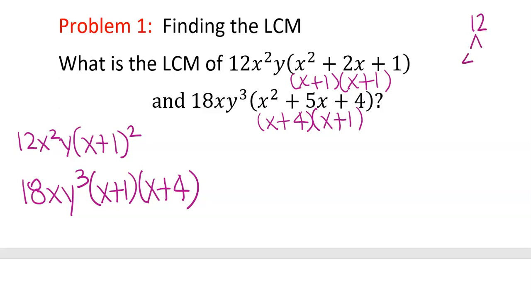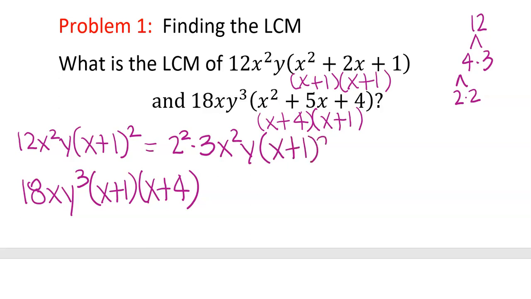For 12, it's 4 times 3, and 4 becomes 2 times 2. So for 12, it looks like it's 2 squared times 3, x squared y times x plus 1 squared. For 18, something similar. We get 2 times 9, and 9 is 3 times 3.